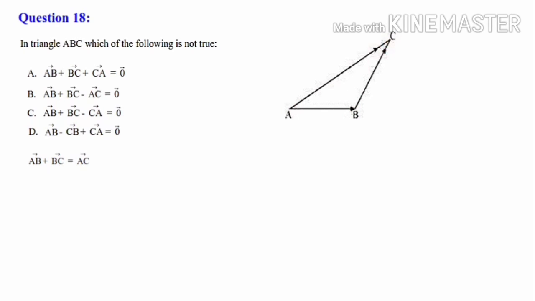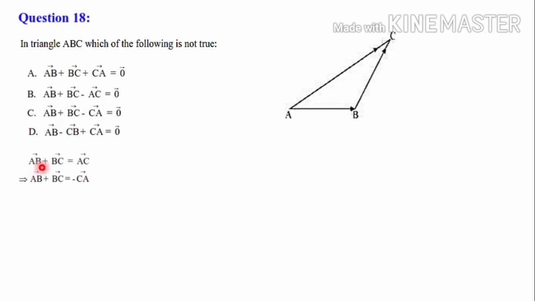So it is quite clear here, by seeing the direction, the terminal point of AB is B and the initial point of BC is also B. So AB plus BC is equal to vector AC. So that is written here, that is from the given diagram. From here, if you want to change the direction of a vector, just put a minus sign.